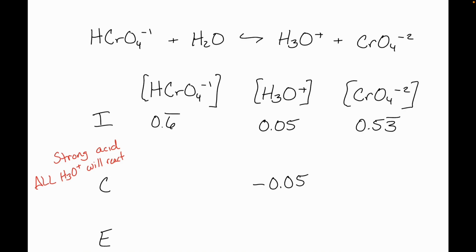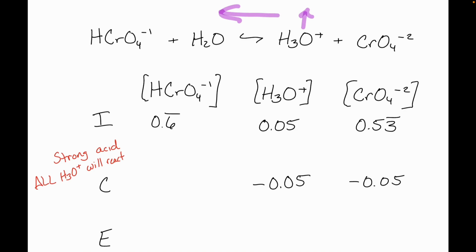All right, let's think about it here. This 0.53, should this number be going up or down? Down, right? That's what's reacting. It's kind of weird because I've written my balanced chemical equation this way, but we're actually looking at it going this way here, right? Because again, by adding the concentration of acid, I've shifted it towards the reactant side. So minus 0.05. And then is this number going to change, this 0.6?